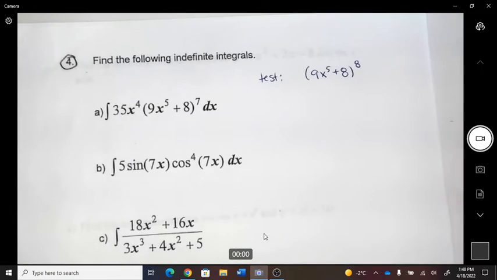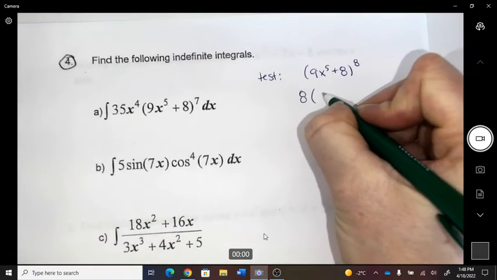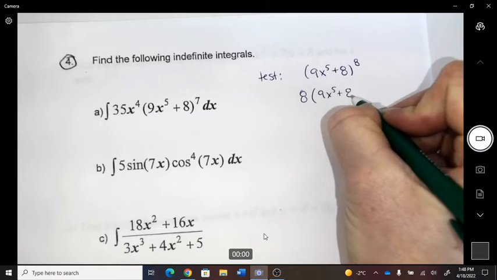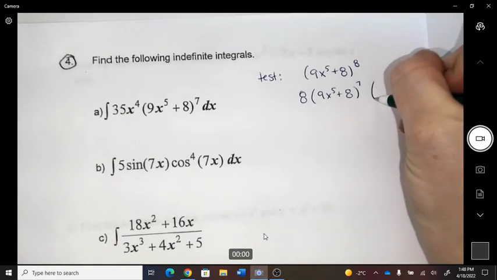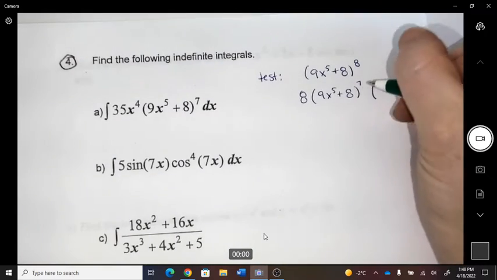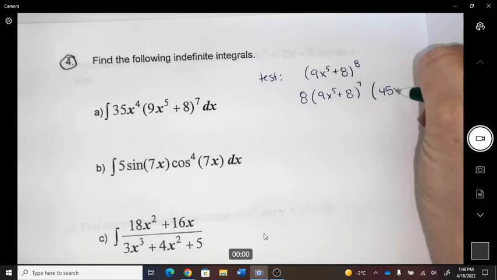That's what I'm going to guess I started with. Okay, so now I have to remember the chain rule. 8 units to the 7th. See where I'm getting that from? 8 units to the 7th times the derivative of the unit.